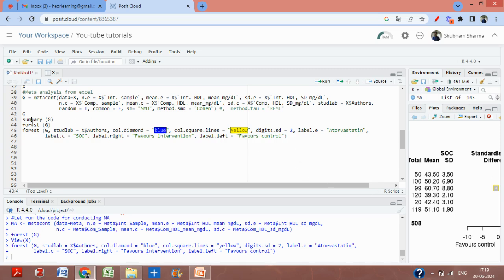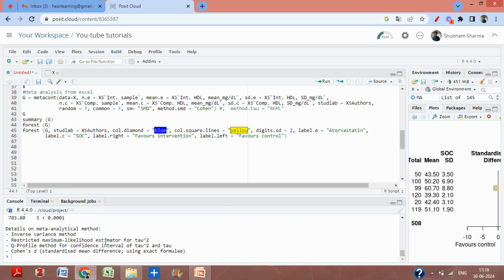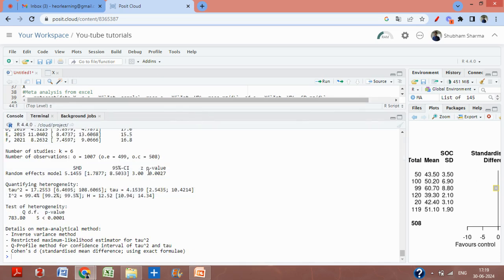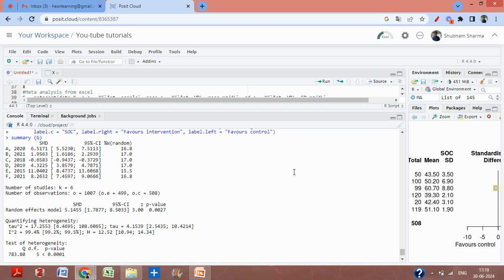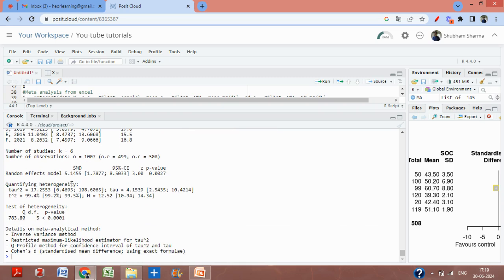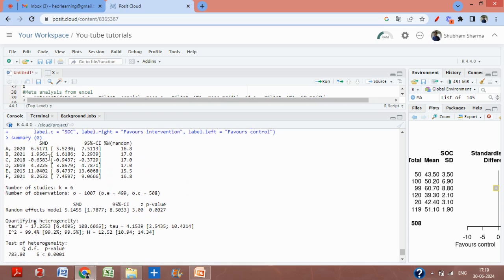One more thing I would like to say is that we can also run summary to get all the details in written format, not in this pictorial format. It is very similar to what is reported over here, just the graphical representation is not as good. There are a few elements provided there which are missing in this figure.